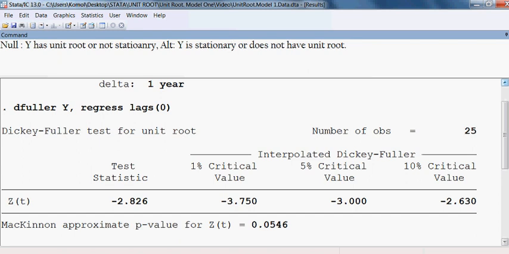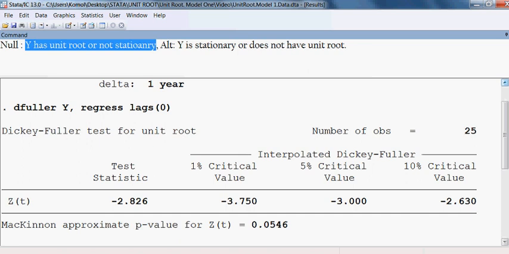So we cannot reject the null hypothesis. Rather, we accept the null hypothesis, meaning that y has unit root, or the variable y is not stationary.